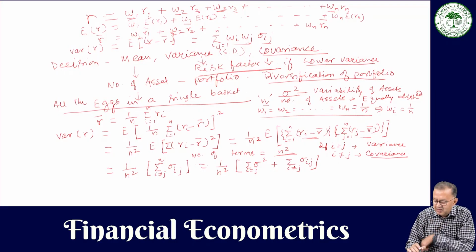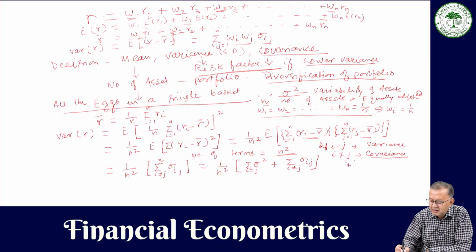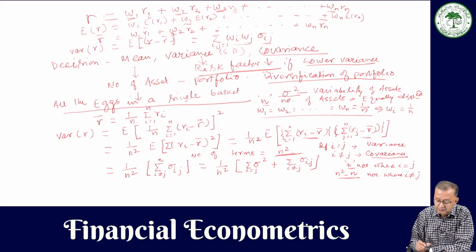So there are n numbers where i is equal to j. And what about the total number? The total number of terms is n square. So n square minus n numbers will be where i is not equal to j.